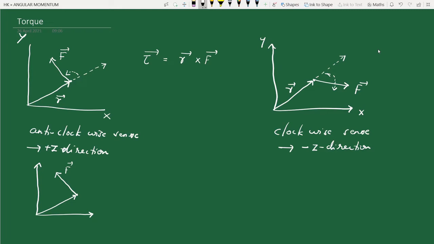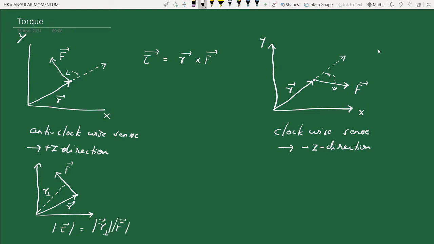Then what we can do is take the perpendicular distance from the origin to the force. Let us call this r perpendicular. Then the magnitude of the torque will be equal to r perpendicular into magnitude of the force.